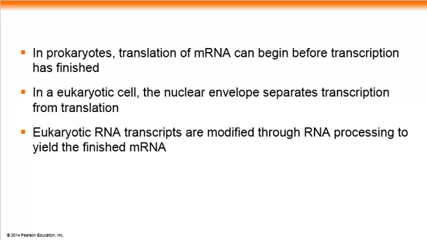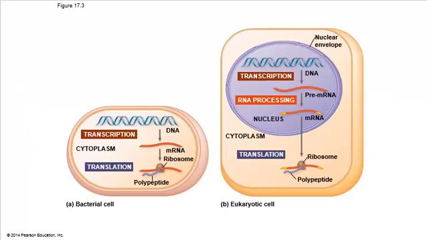In prokaryotes, translation of mRNA can begin before transcription has finished. In a eukaryotic cell, a nuclear membrane or nuclear envelope separates transcription from translation, as we'll see in these pictures. Eukaryotic RNA transcripts are modified through RNA processing to yield an mRNA.